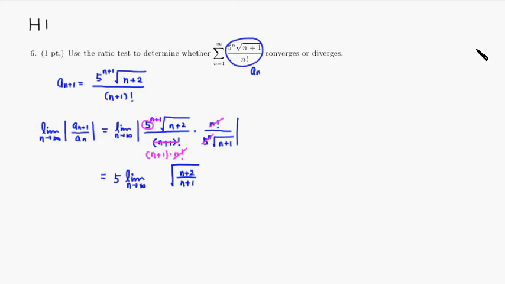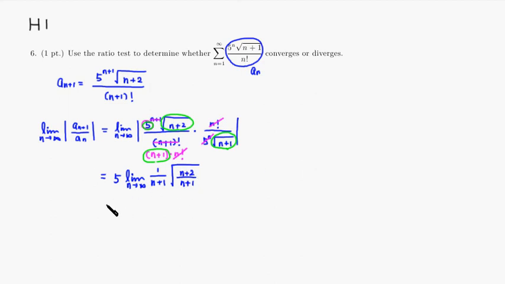So we took care of this 5 right here, and this guy, and this guy. Then we still need to take care of this guy, which is just on the bottom, so it's 1 over n plus 1.